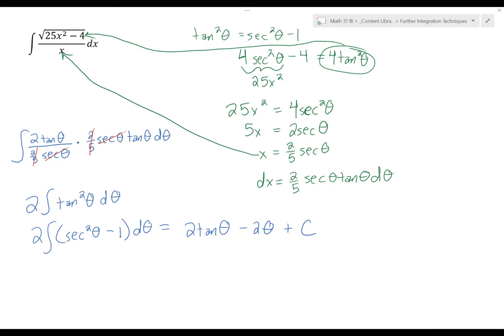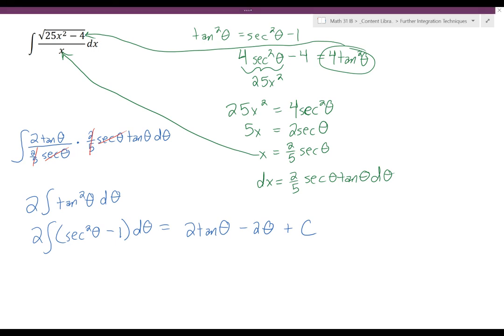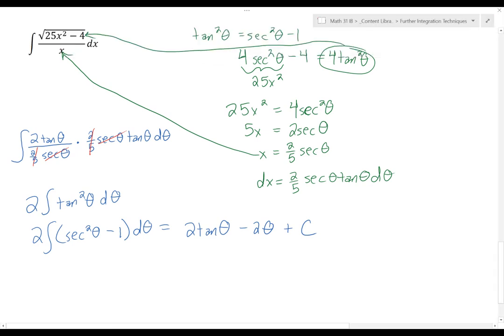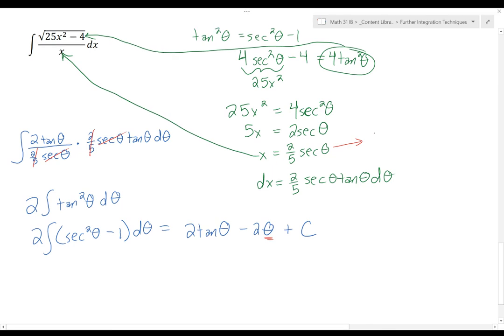Not quite done. One of the things about integration that makes it kind of annoying is you want to just get the integral and be done, but we're not. We have to get it back as a function of x. So going back, the easy one is going to be the theta, because if I expressed x equals 2/5 secant theta, then that means 5x over 2 equals secant theta.